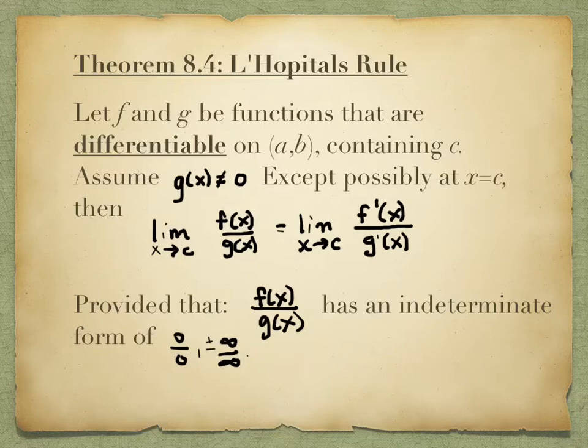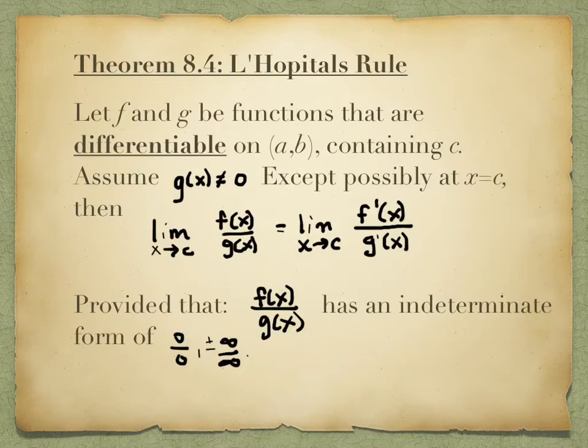If it's differentiable on (a, b), and the point c is somewhere in between those, then as long as the denominator is not 0, except perhaps at the point c, then the limit as x approaches c of the fraction f of x over g of x is the same as the limit of the derivative of f of x over the derivative of g of x, as long as the original function f of x over g of x had an indeterminate form, 0 over 0, infinity over infinity, etc. Okay, so the theorem's almost written backwards of the way you actually do the problem.